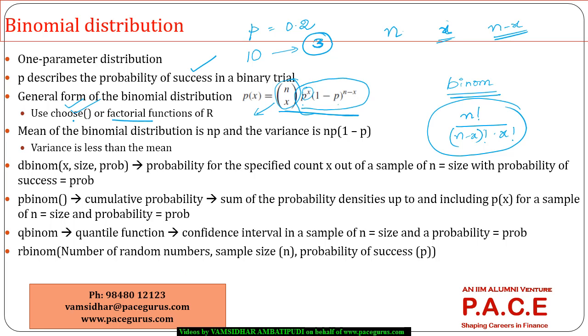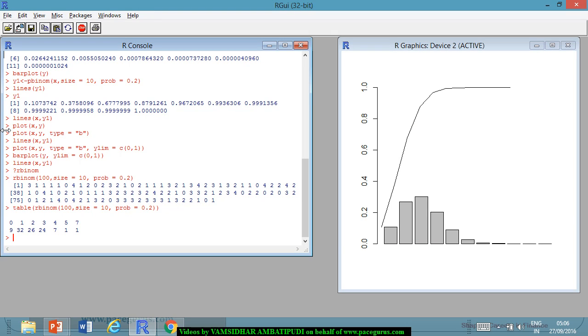And what you find is the mean of any binomial distribution. Now let's randomly generate the values, right? We have been randomly doing this. So let me assign it to a variable called data bin, binomial distribution data.